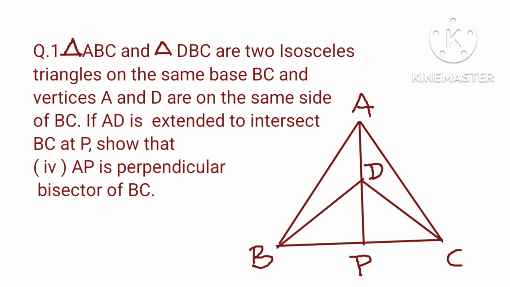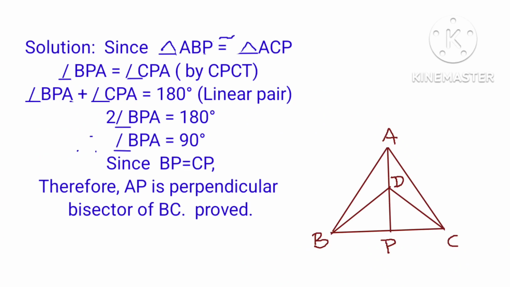Fourth part of question number 1. Fourth, show that AP is perpendicular bisector of BC. Solution. Since triangle ABP and triangle ACP are congruent, angle BPA is equal to angle CPA by CPCT.